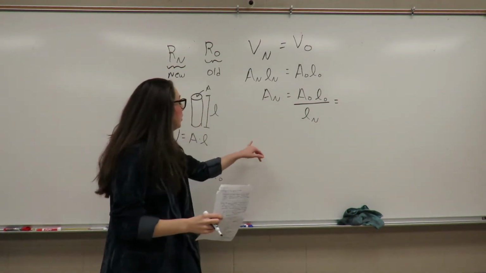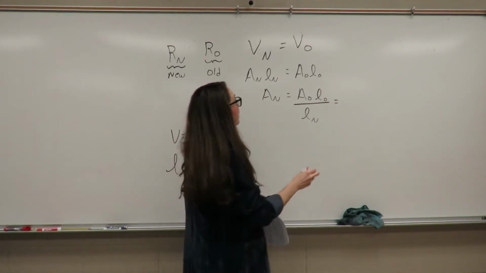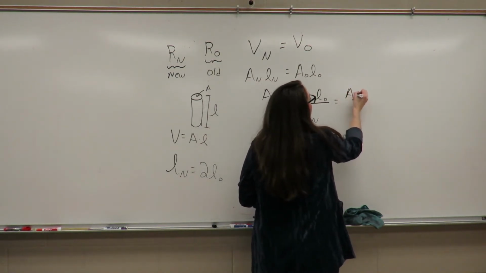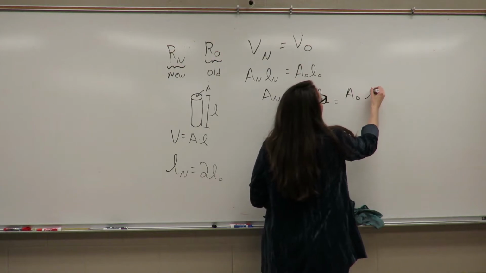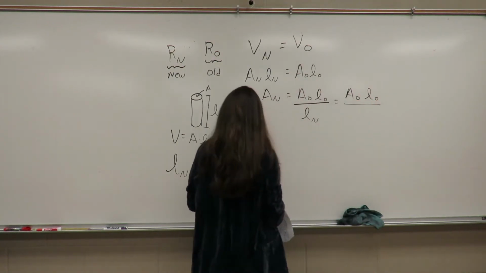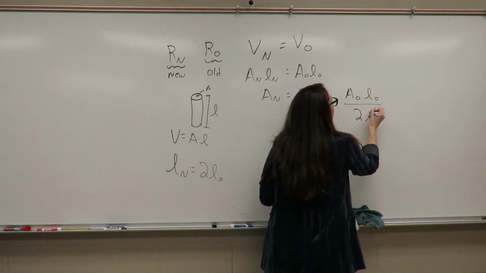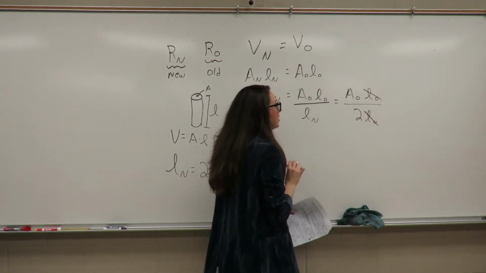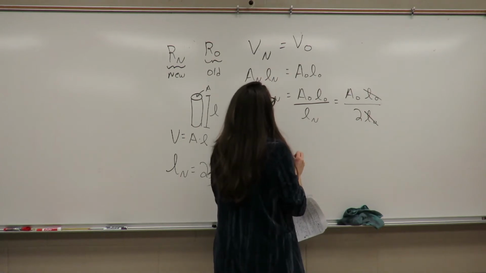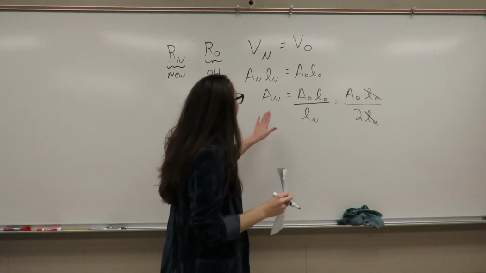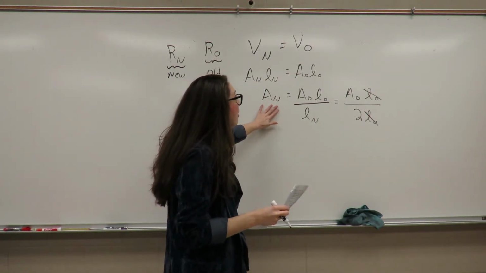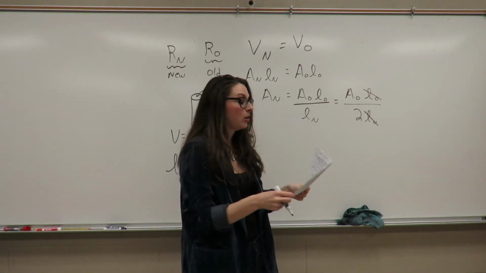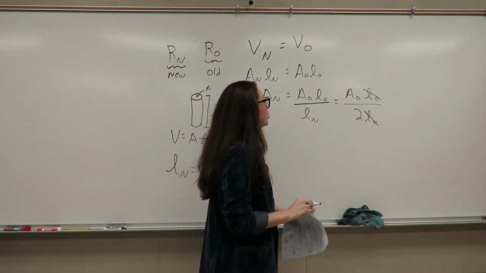That is the old area times L_O divided by 2 L_O. L_O cancels on top and bottom, and so our new cross-sectional area is equal to the old cross-sectional area divided by 2, half of the old area.